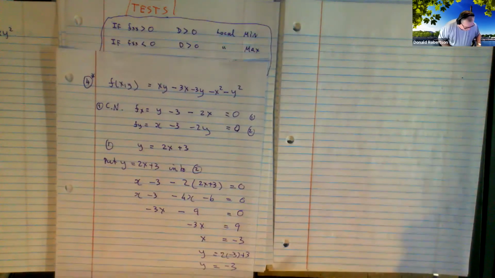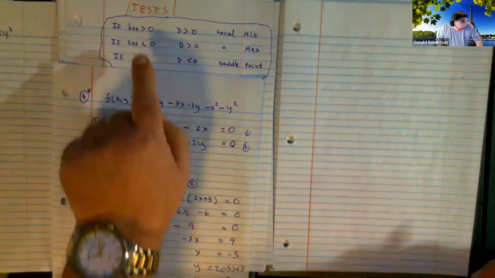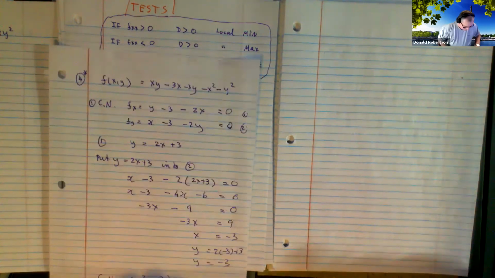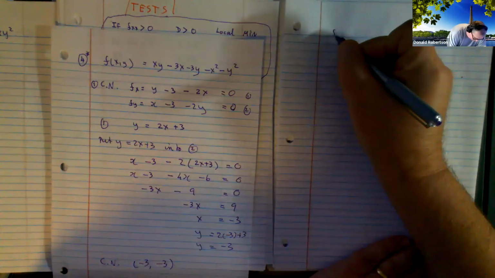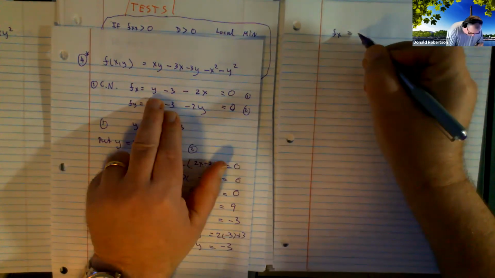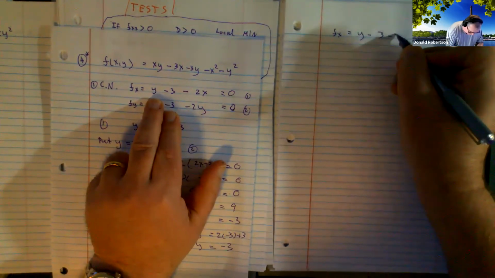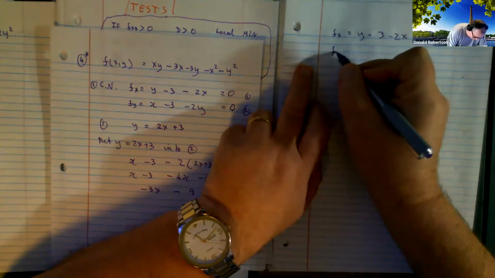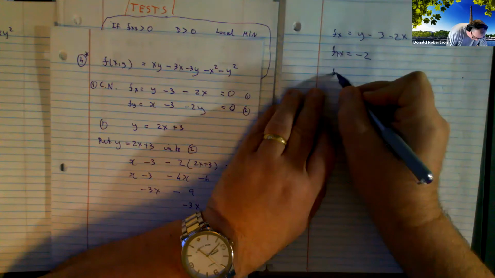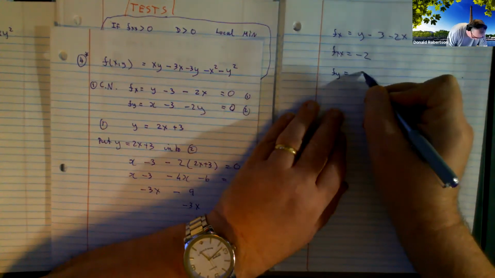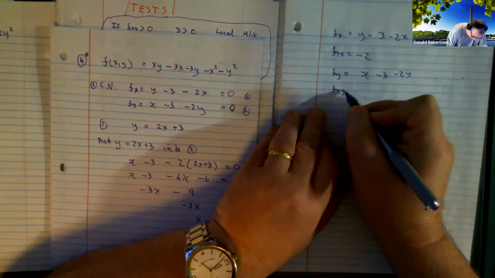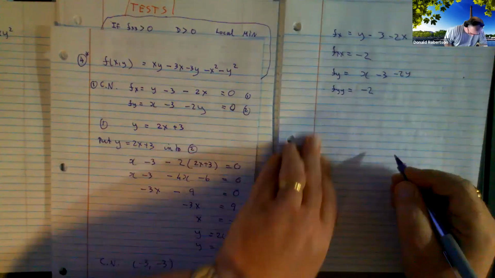So what we now need to do is find the second derivative with respect to x, and we also need to find D. Well, here is the partial derivative with respect to x again. I need to know the second derivative with respect to x, which happens to be a number again. We know y, which is this. And I need to know the second derivative again with respect to y, and we get that.